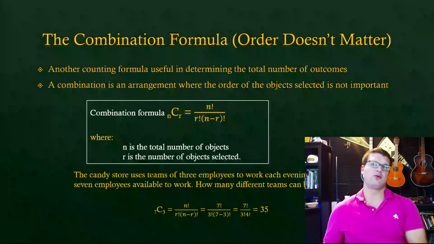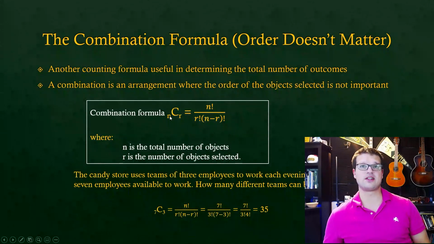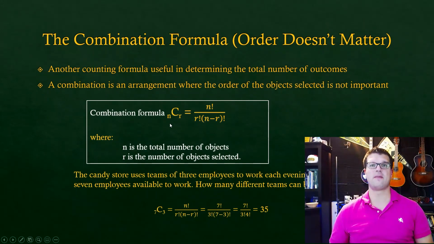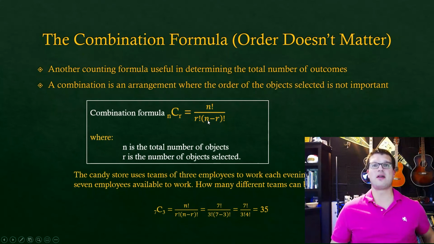Here we've got the total number of objects that are possible to choose from, and the total number that are selected at a given point in time. So we've got n factorial, or the number that are possible, divided by r factorial, the number that are selected, multiplied by n minus r factorial.